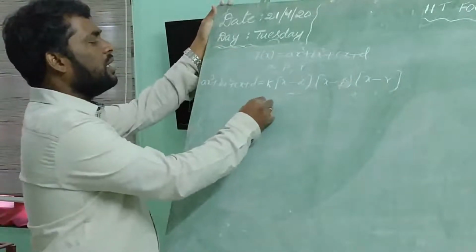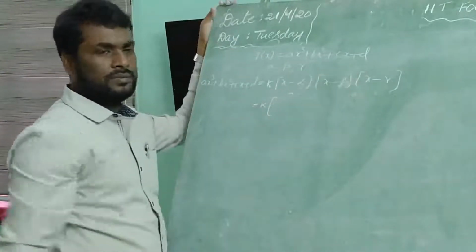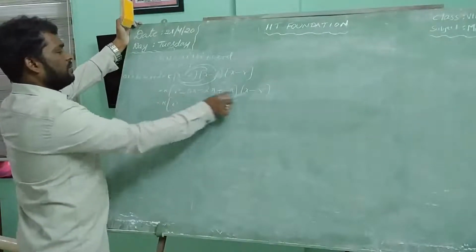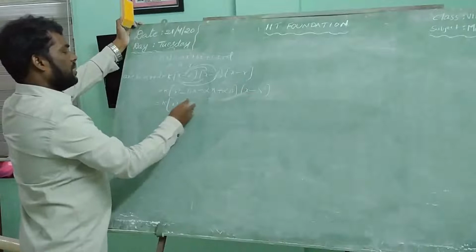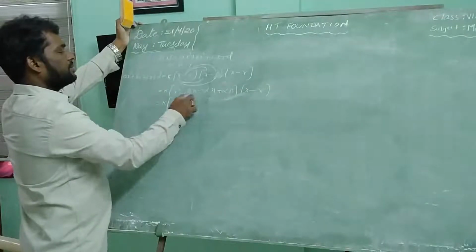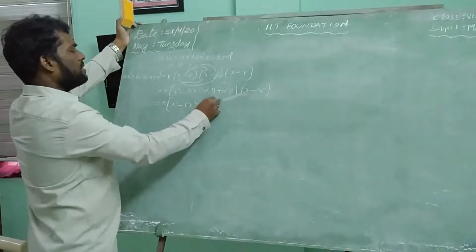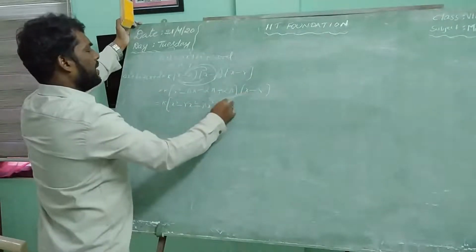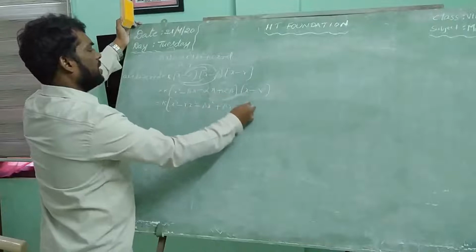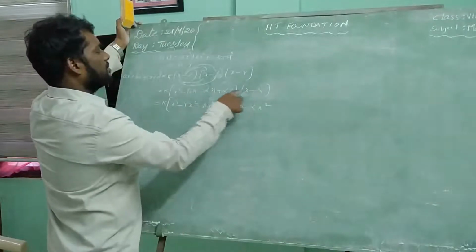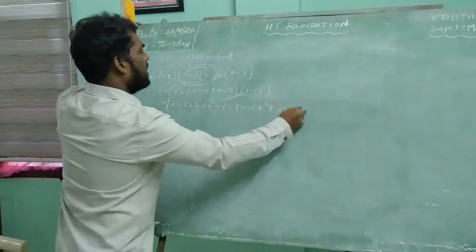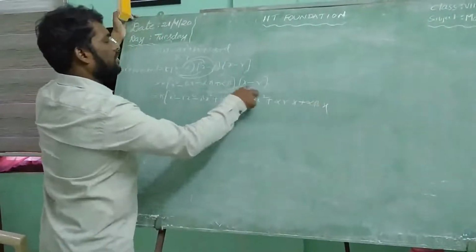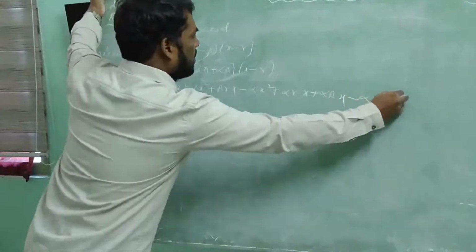So that is equal to, again multiply these three. So k into x cube minus gamma x square minus beta x square plus beta gamma x minus alpha x square plus alpha gamma x plus alpha beta x minus alpha beta gamma.